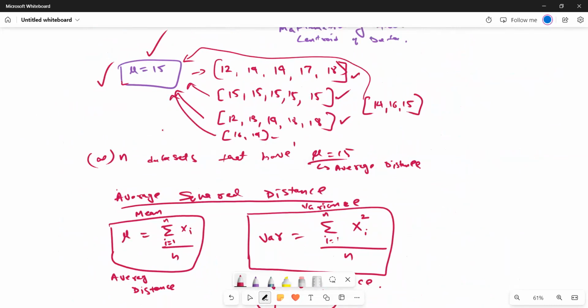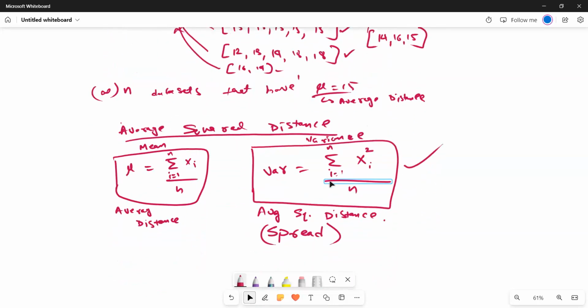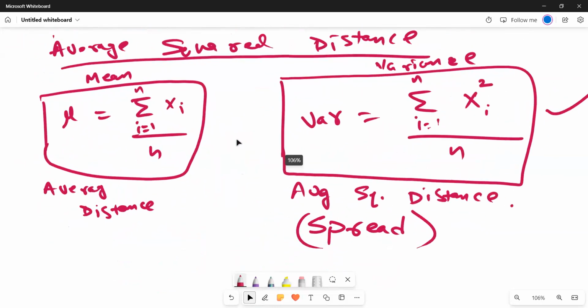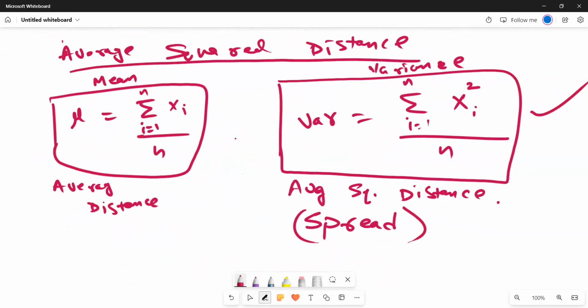If I calculate the variance, the mean can be the same, but the variance for all these data sets cannot be the same. You'll have a different variance between all of these, because we are not only calculating the average distance, but in addition we are also calculating the average squared distance. This is going to be the first step that differentiates my data set from other similar data sets that have the same mean.